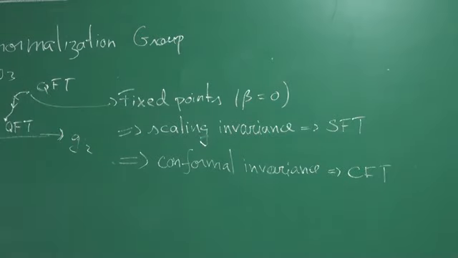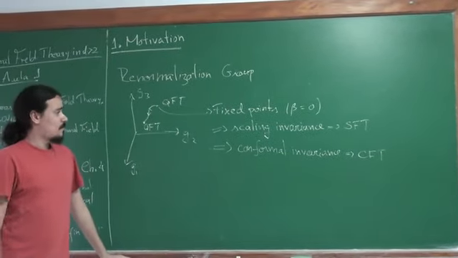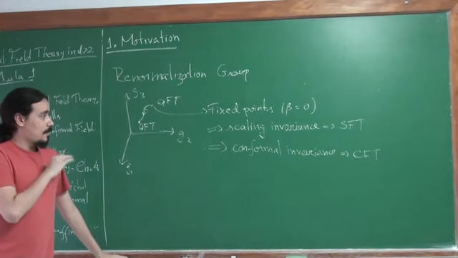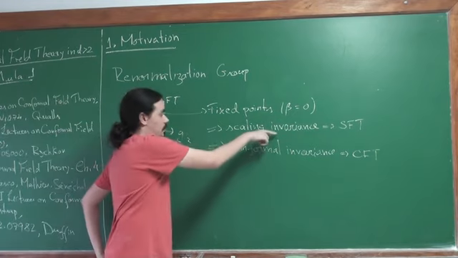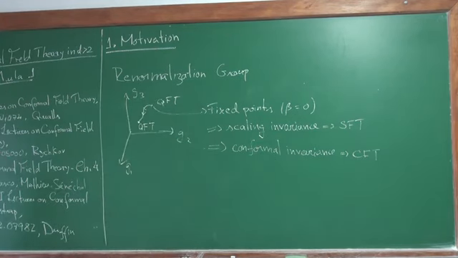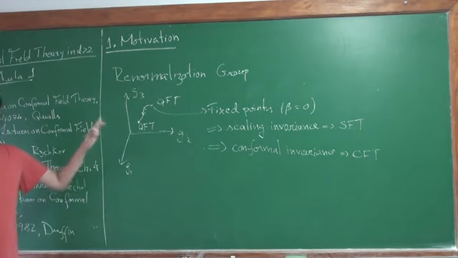There is a theorem for 2 dimensions, the Zamolodchikov theorem, I don't know exactly the name, and it says under which conditions in 2 dimensions scaling invariance becomes conformal invariance. Any questions about this? I just focus on the idea.